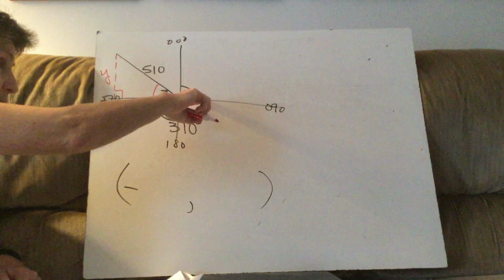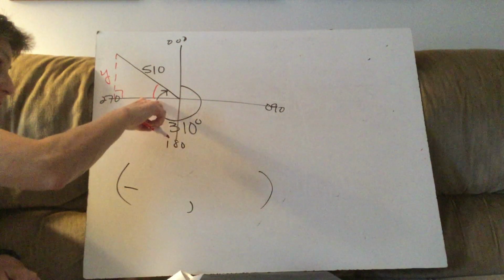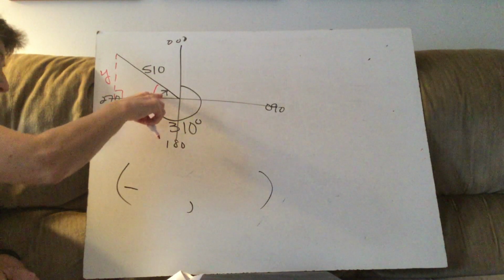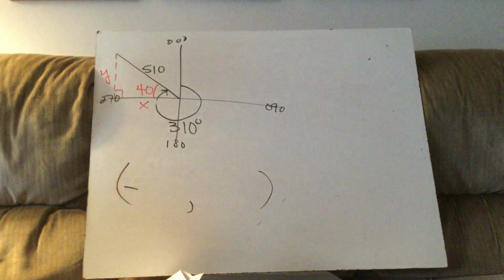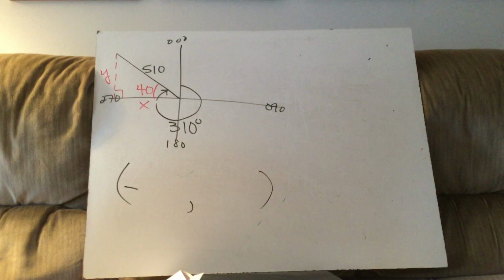So 90, 90, 90. So to here would be 270. But you went 310, so wouldn't this have to be 40? Didn't you go 40 degrees past 270?